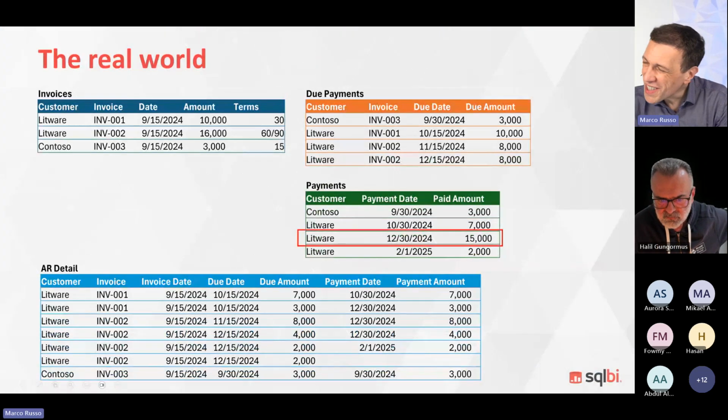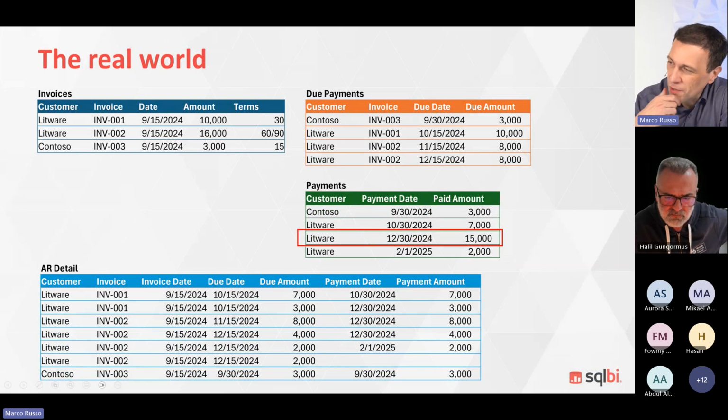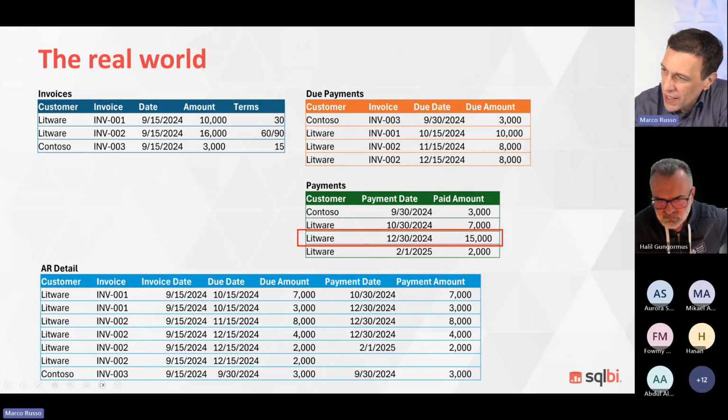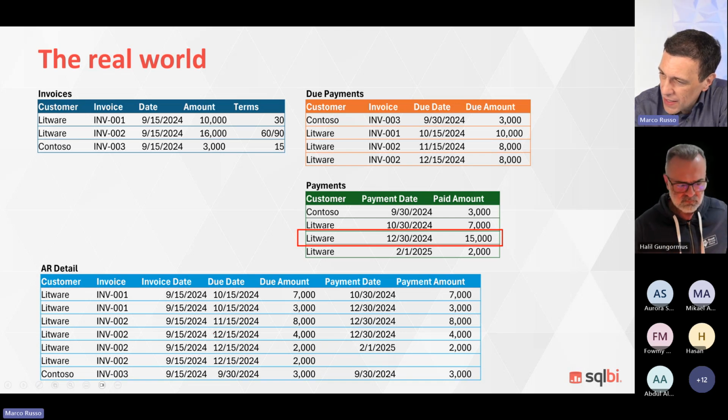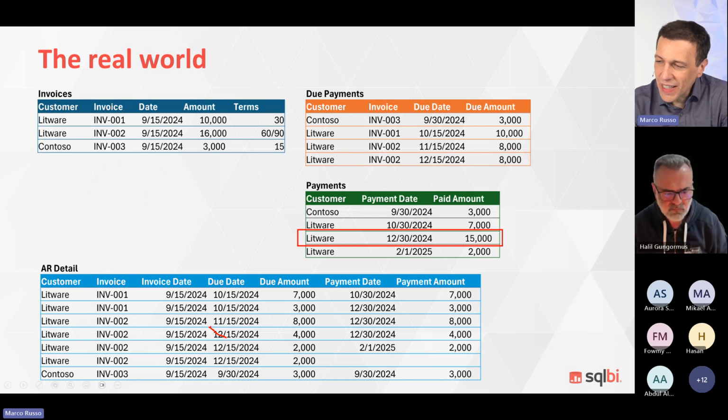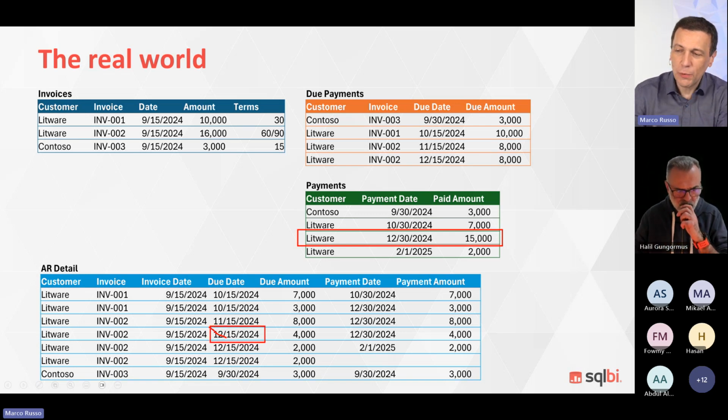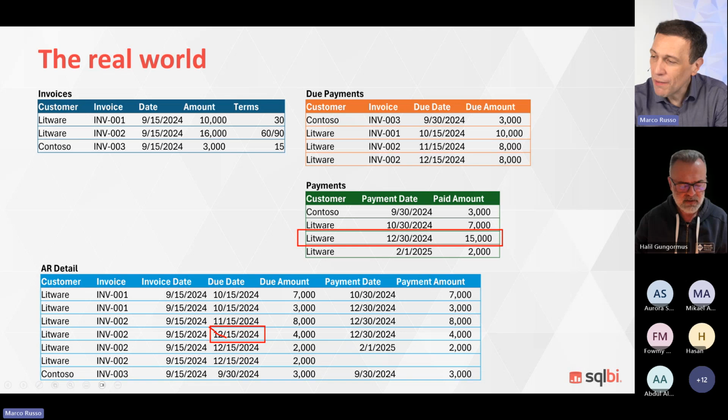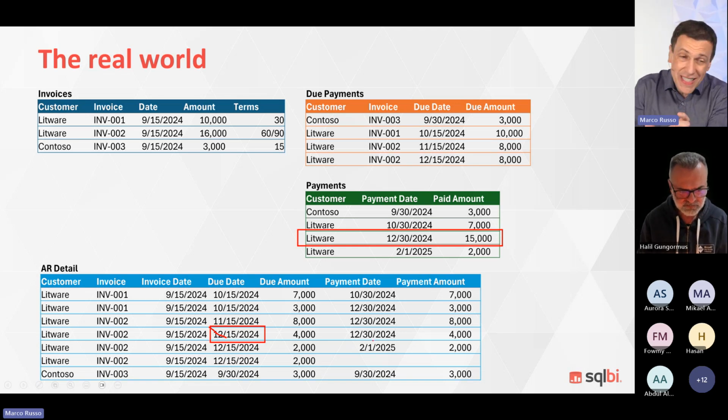Actually, this is not an overpayment, because it paid in December. It paid this due date, 15th of December. So let's say if this due date was in January, this would have been an overpayment. So you would have had a payment date that is less than the due date for that amount.